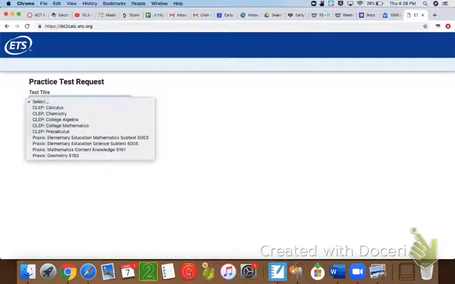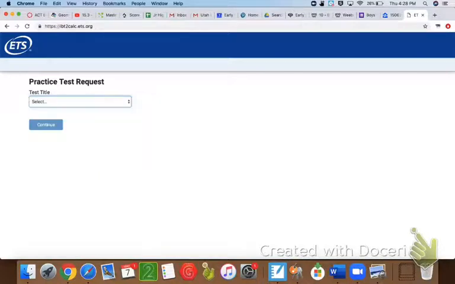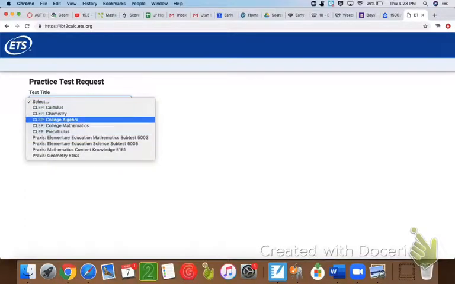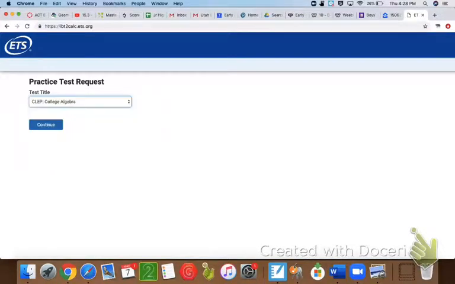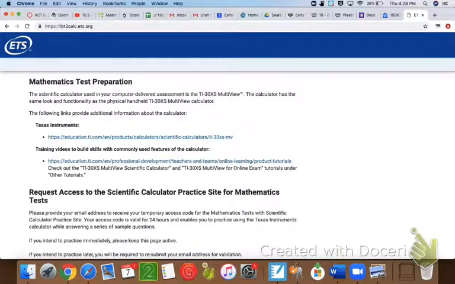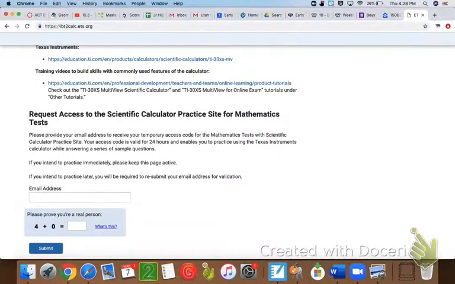So what you can do is go to the list menu. I'm also going to show you how to find a practice graphing calculator if you don't have one online. So you go to this website up here, and you select practice tests, and I just do college algebra. Go to continue. You have to put in an email address, so just put in whatever email you want, and then answer this question.